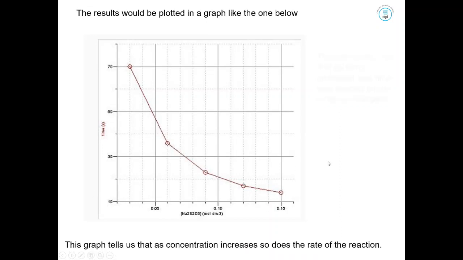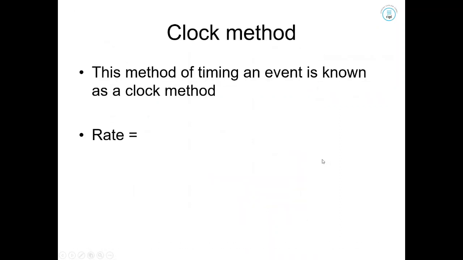So this kind of way of monitoring the rate by timing an event, we call it a clock method. All right. So what we do in a clock method, we time an event. So in this case, we're timing the event of how long it took for our cross to disappear. And so to work out our rate, what we do then, obviously less time means faster rate, but that wouldn't look right.